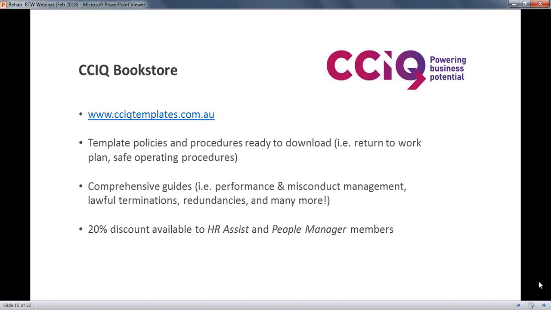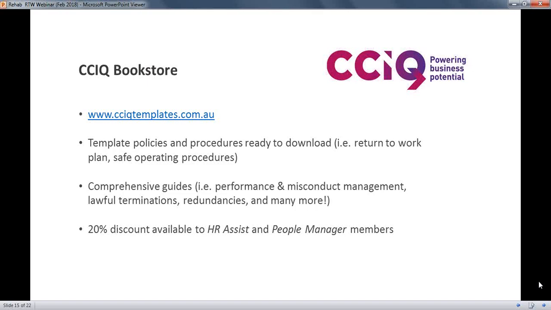There is that discount available to HR assistant and people manager members. But if you're not sure about discounts, or if you want to have a chat with Sarah, Jason and I, please just give us a call and we can help get you on the right track. And certainly if you have any of your own policies and procedures you want us to have a look at, then please just give us a call.